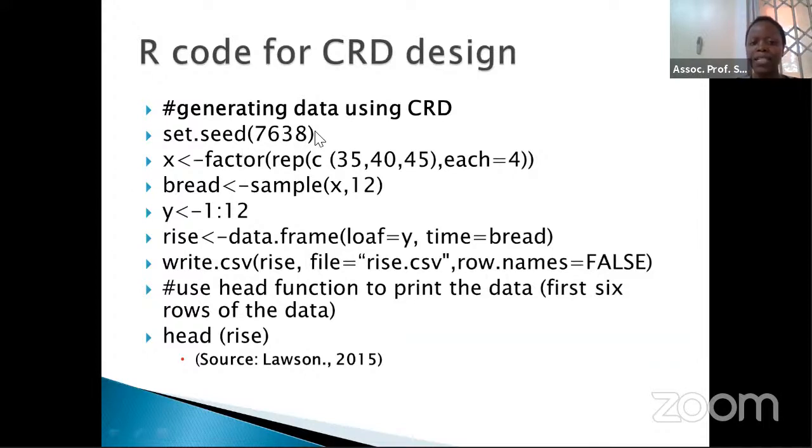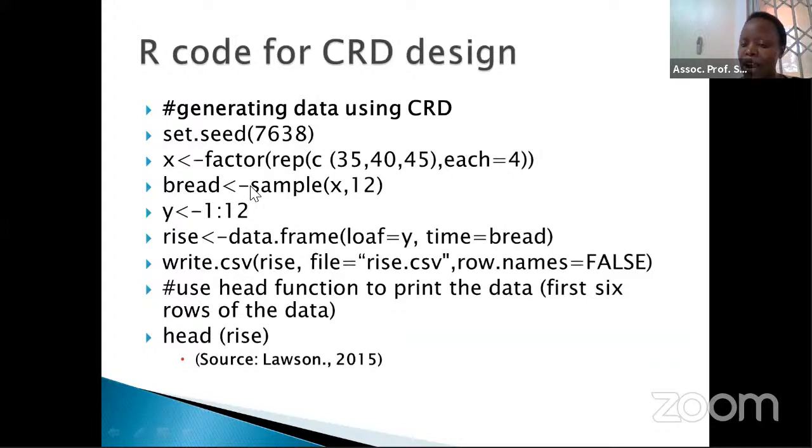The first one is set.seed. This allows you to randomize this experiment, and every time you run this command, you're going to get the same thing. If you don't put anything, or you put 0, or you don't set a seed, every time you run these commands you're going to get a different randomization.